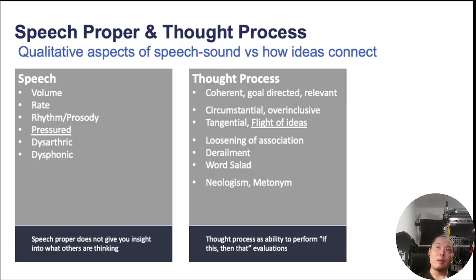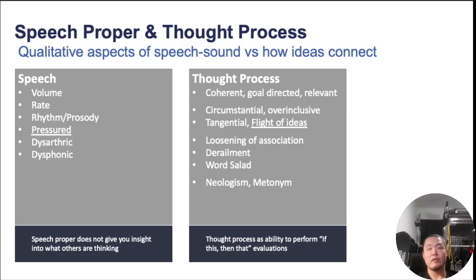All right. Now, the way that I think would be most helpful when we are thinking about the differences between the two is that speech doesn't really tell you anything about what the person that you are describing is thinking. Okay, all we can conclude by a presentation about somebody's speech proper is really whether or not they are talking fast or slow, and this would clue us in or provide further supportive evidence for some of the other things.